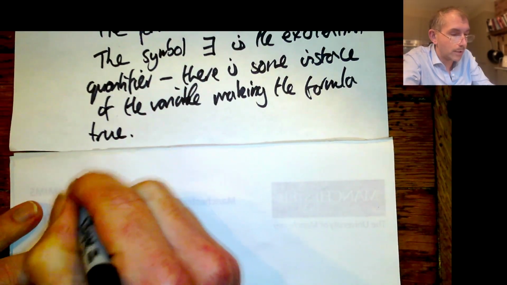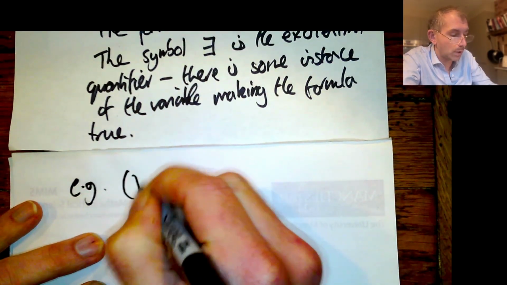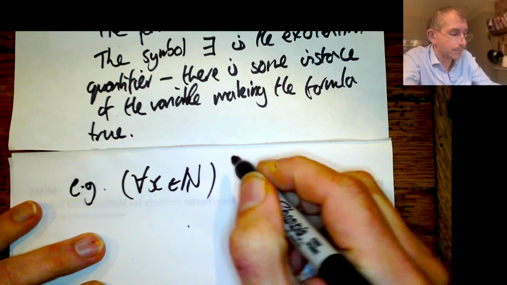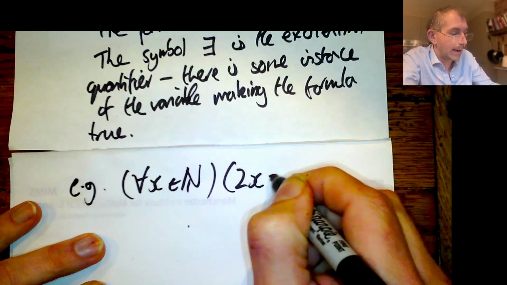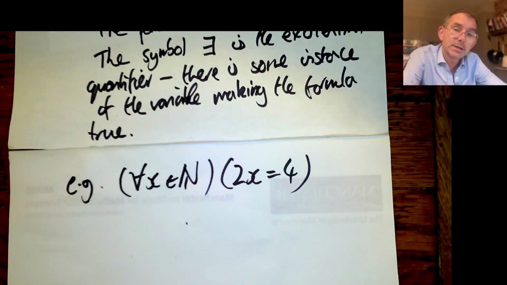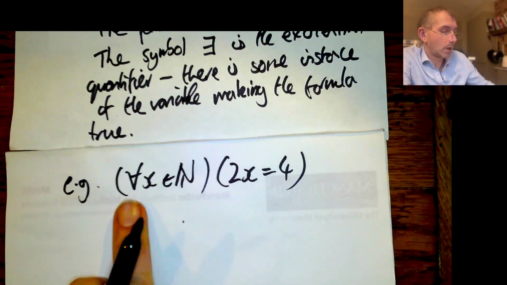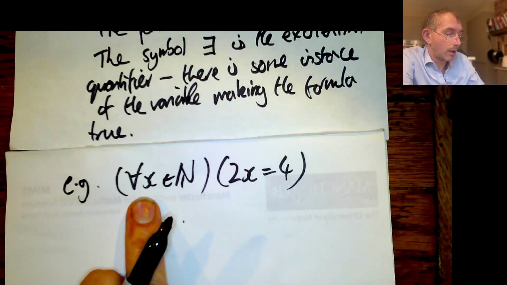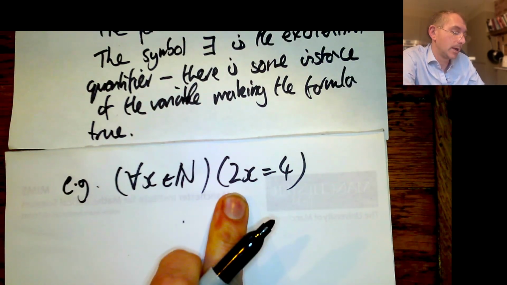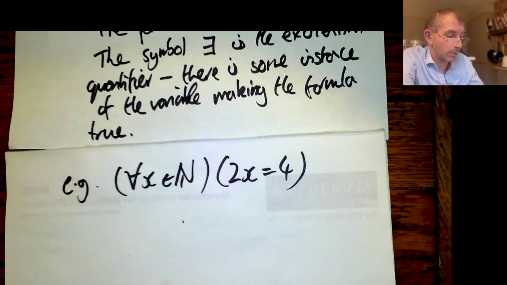So another example, for all x in the natural numbers, 2x is 4. So this is not true, because this is supposed to be saying that it doesn't matter which x I pick, this will always be true.